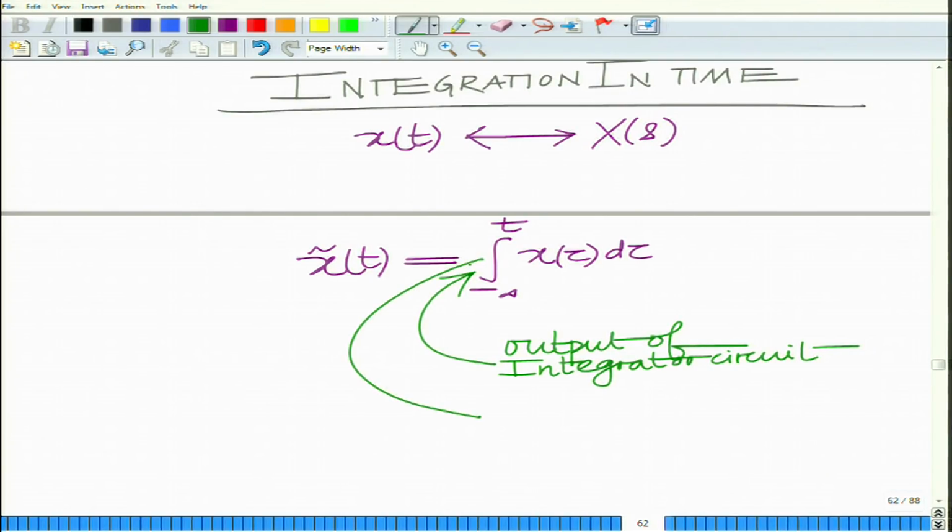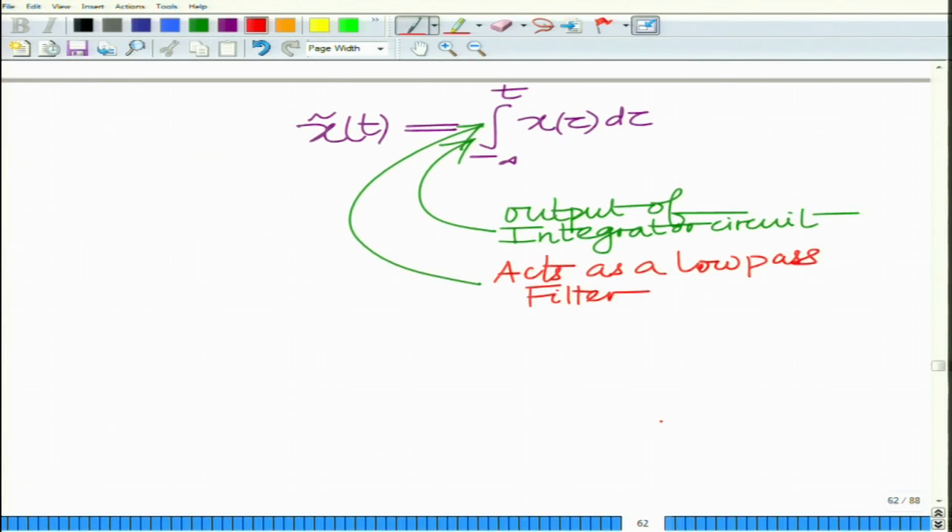And you can also show that it acts as a low pass filter. You can see that dx tilde(t)/dt is equal to x(t).